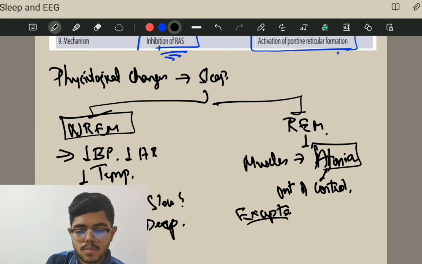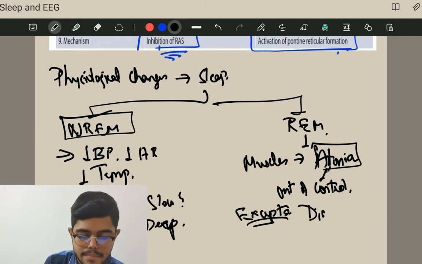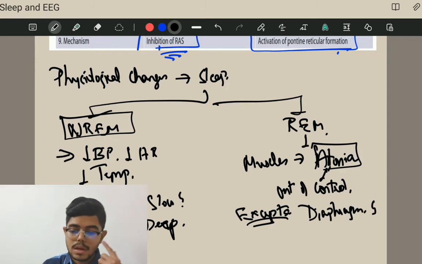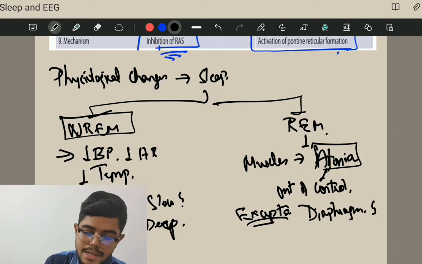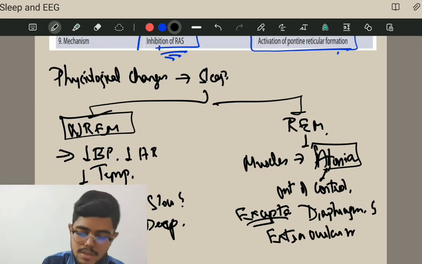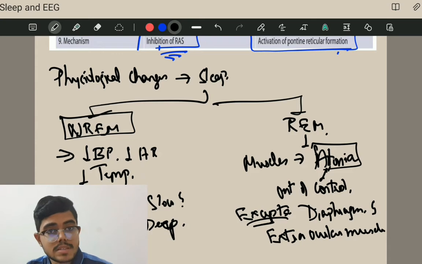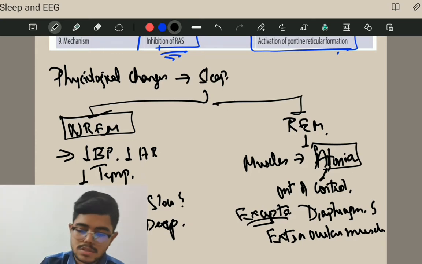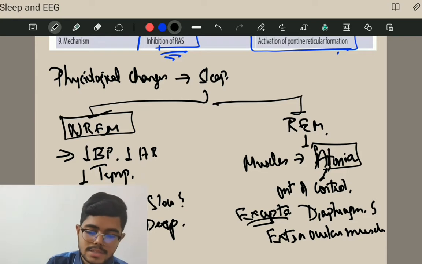What are those? One is the diaphragm, yes or no? Diaphragm, and also your eye, that is mainly your extraocular muscles. These are very important muscles. These two muscles won't go into atonia. All other muscles are out of control, which we call atonia.